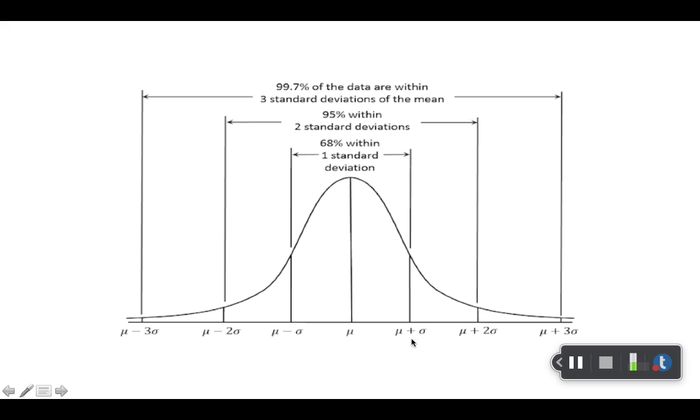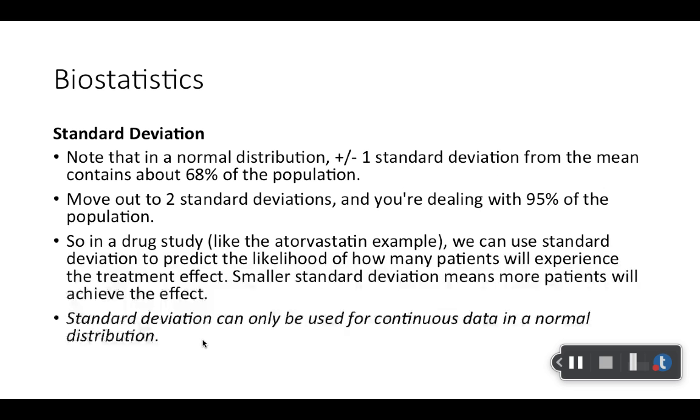Standard deviation is also denoted with the lowercase sigma. So mu plus sigma is 1 standard deviation, mu plus 2 sigma is 2, mu plus 3 sigma is 3. And then you can go in the negative direction as well.